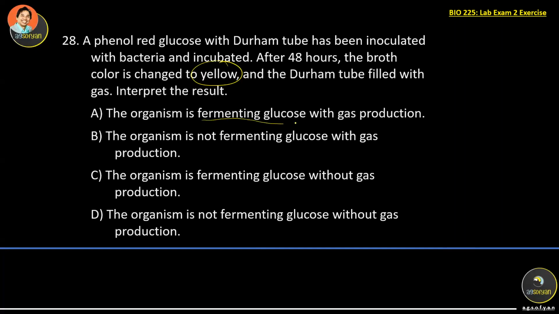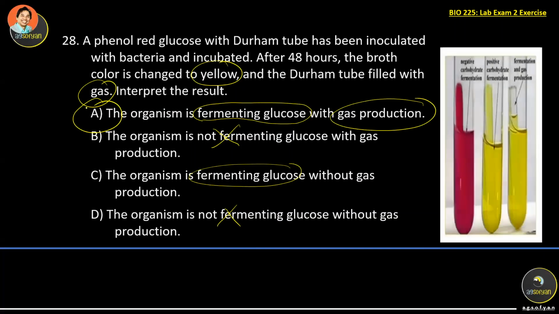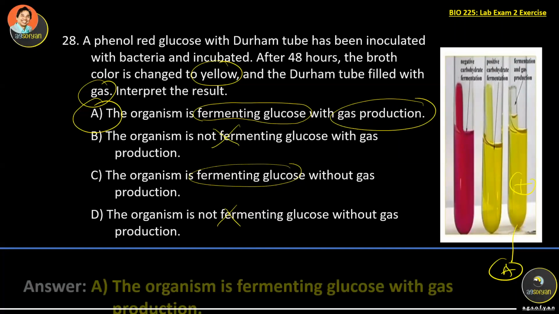So two choices, A or C. But remember, it said that the Durham tube filled with gas. So it means that the organism also produces gas. So the correct answer will be A, ferment glucose and gas production.